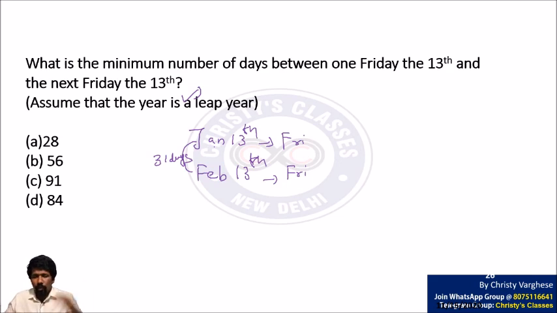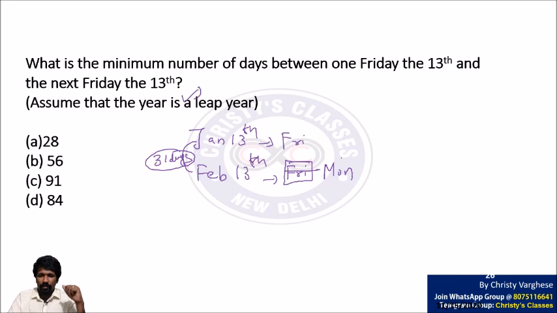That means if you arrange them 1 to 13, 14 to 31, total 31 days will be in between. 31 is not a multiple of 7. 28 is a multiple of 7. So there are 3 days extra. So this is not going to be a Friday. This is going to be 3 days extra: Saturday, Sunday, Monday.